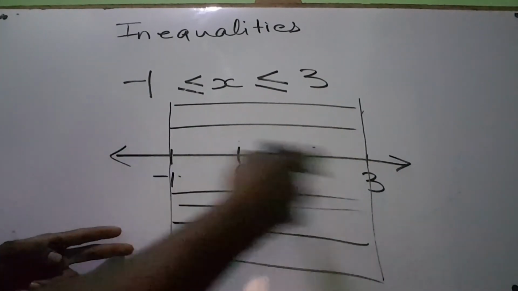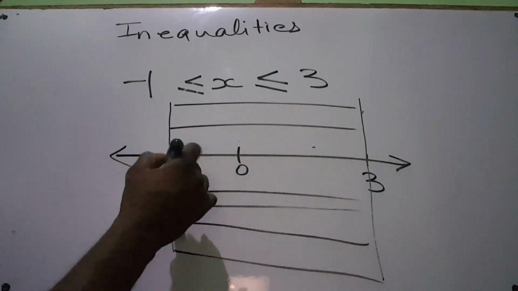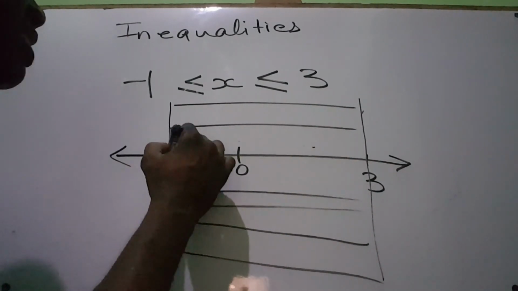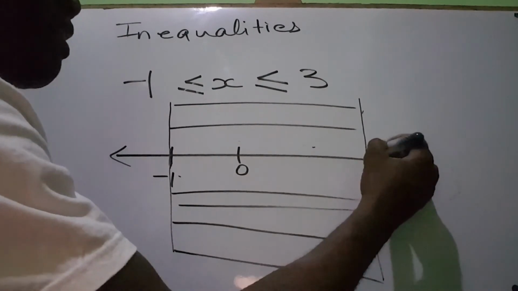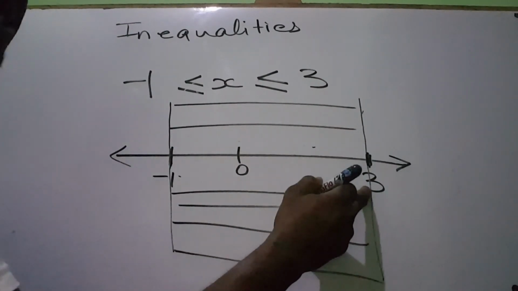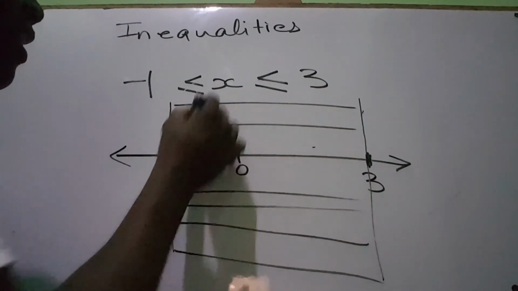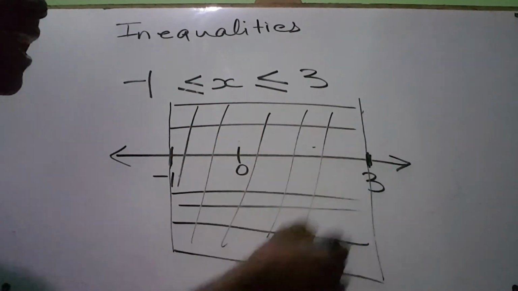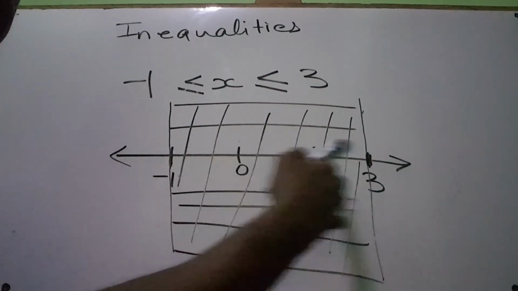All the numbers we're looking for are between this area, including -1 and +3.